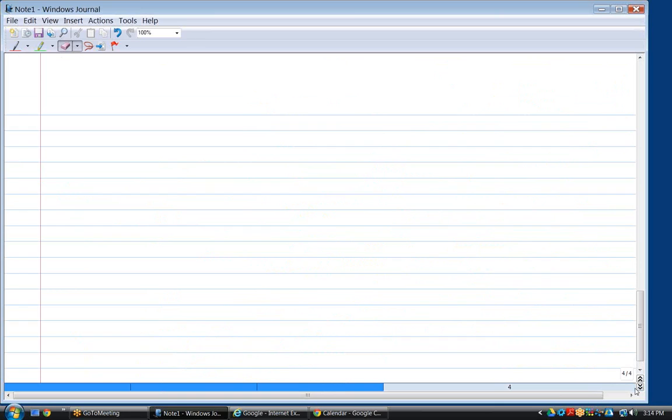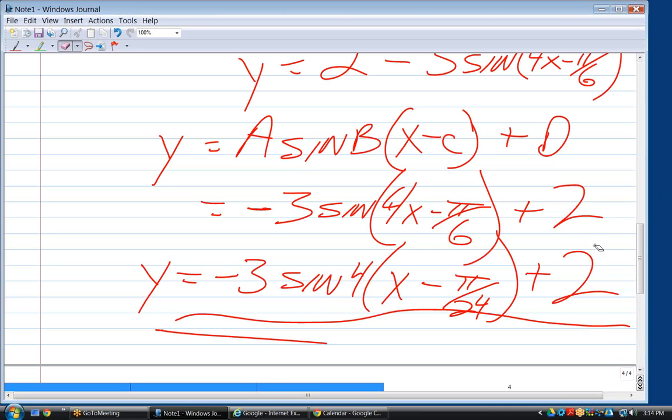So instead of 30 degrees, that's 7.5 degrees, 1/4 of 30. That's a huge difference between the phase shifts.